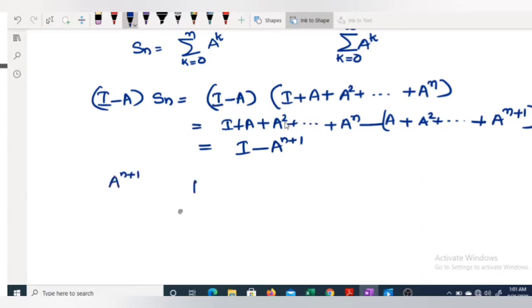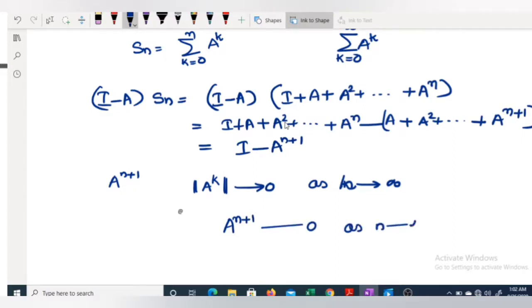We know that norm of a raised to k tends to 0 as k tends to infinity. Therefore, we get a raised to n plus 1 tends to 0 as n tends to infinity.